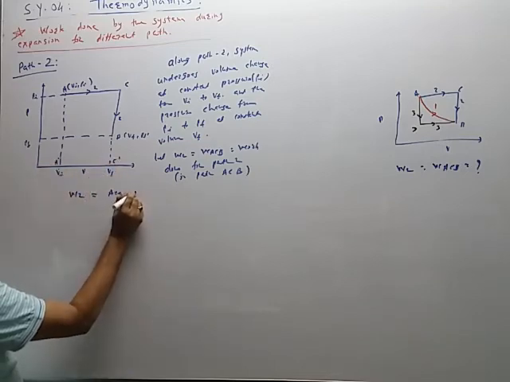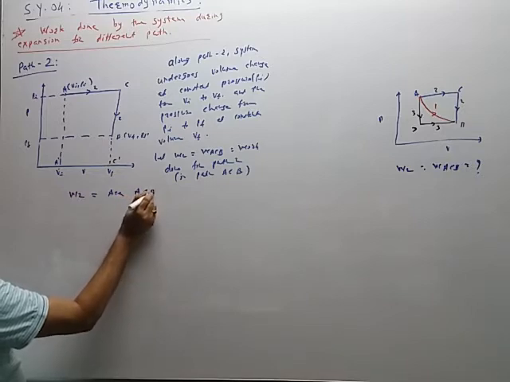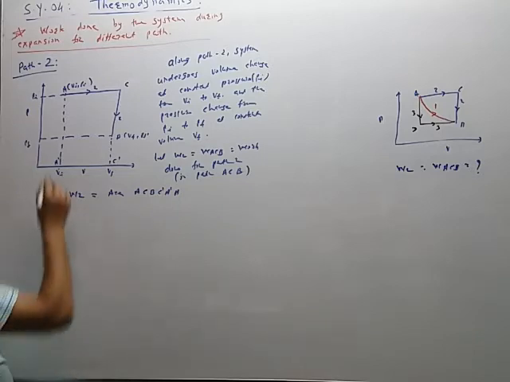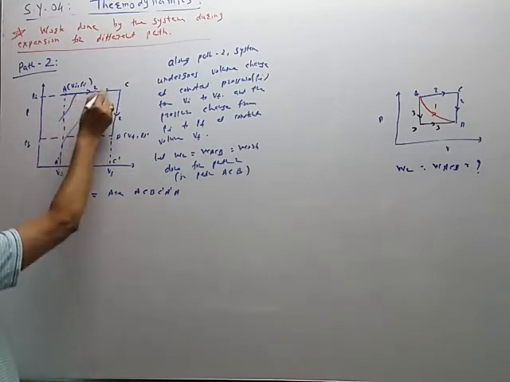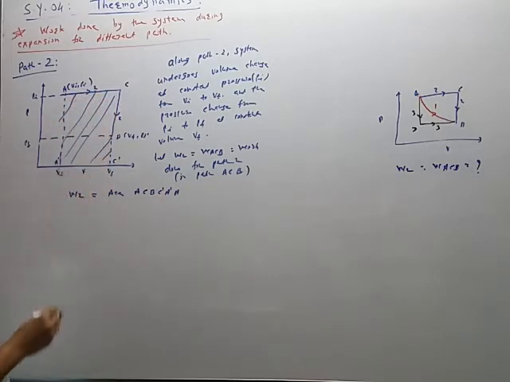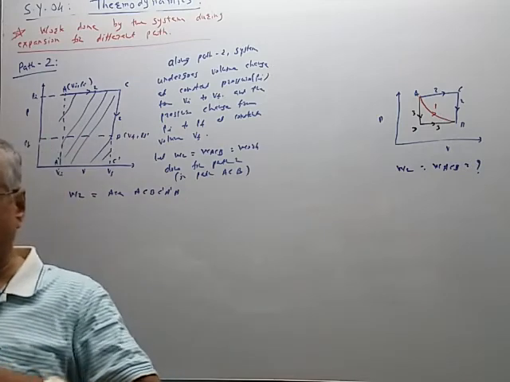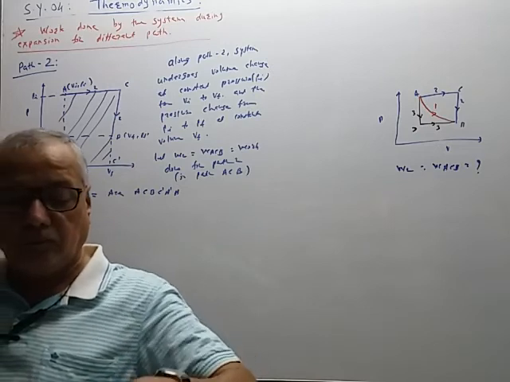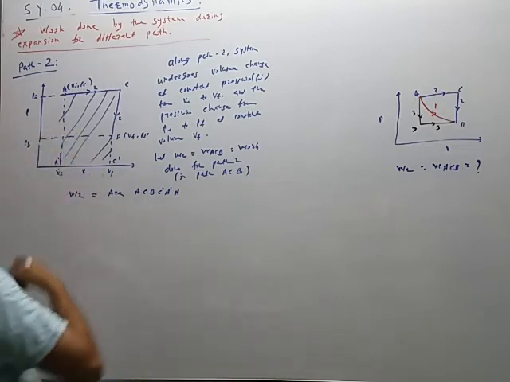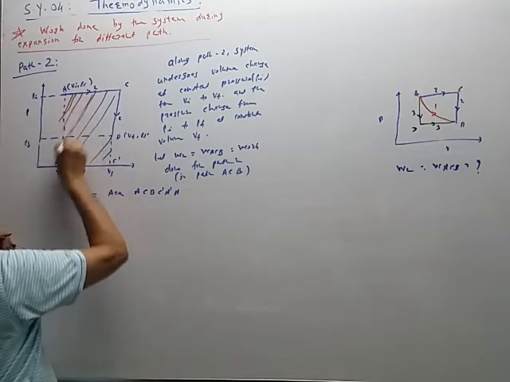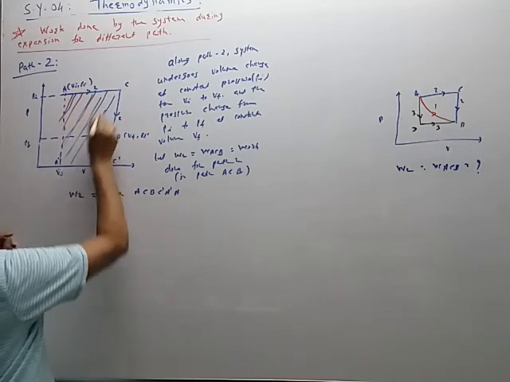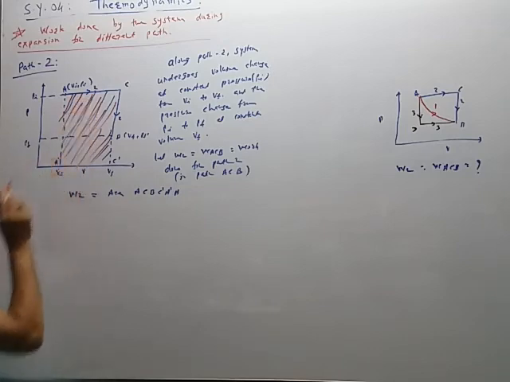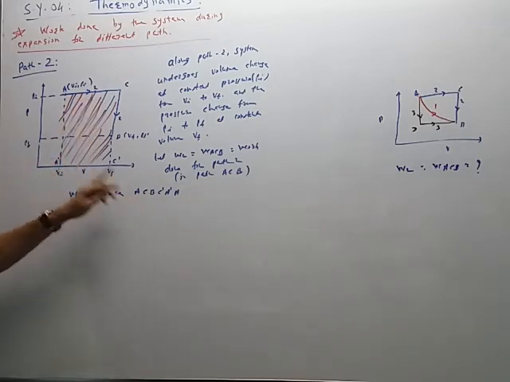So A, C, B, C dash, A dash, A. These are the area. So I will show this area, like this. So W2 is equal to this area.